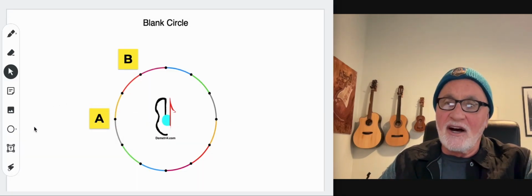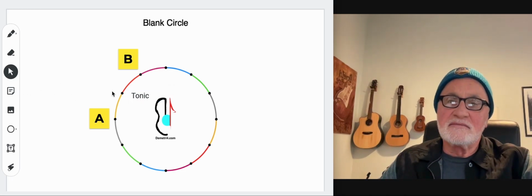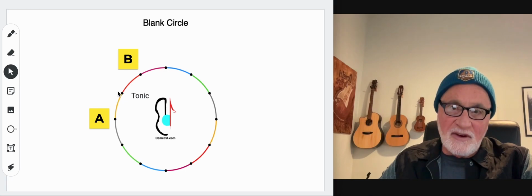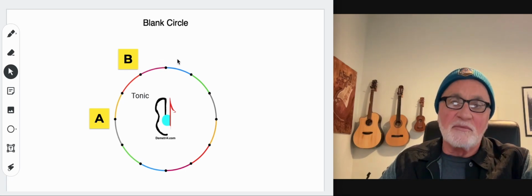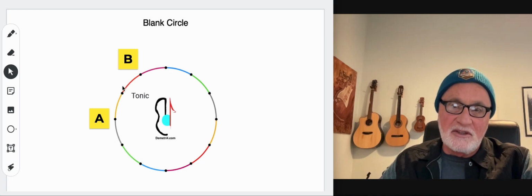So there's our tonic, always at 10 o'clock. And so that note's going to be B flat. So now I can continue on and make my natural note circle. So even if it's E flat, then this note would be E, and so forth.